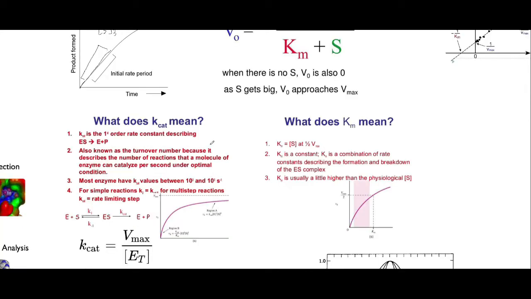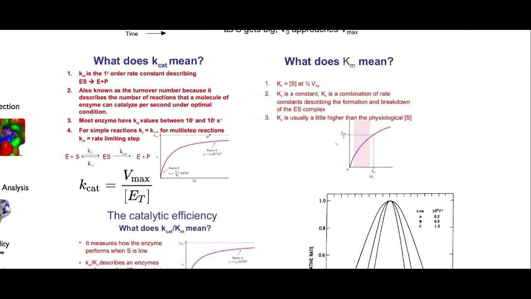What you get then is a graph that looks like this. This down here isn't time anymore, this is substrate concentration. So this is our first substrate concentration, then maybe we did it right here, and then right here.